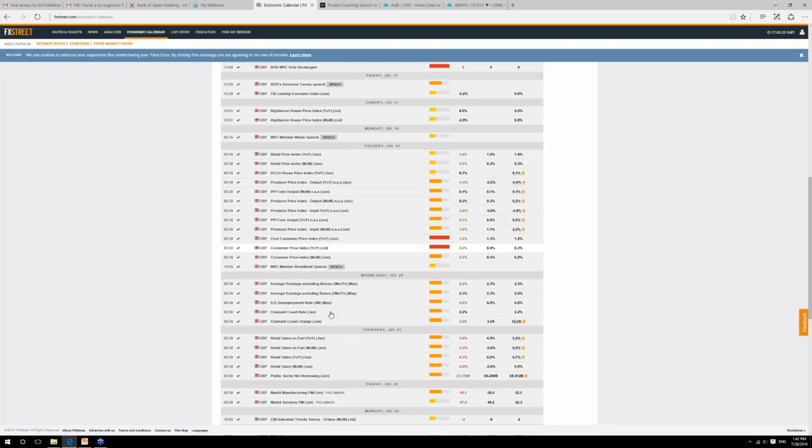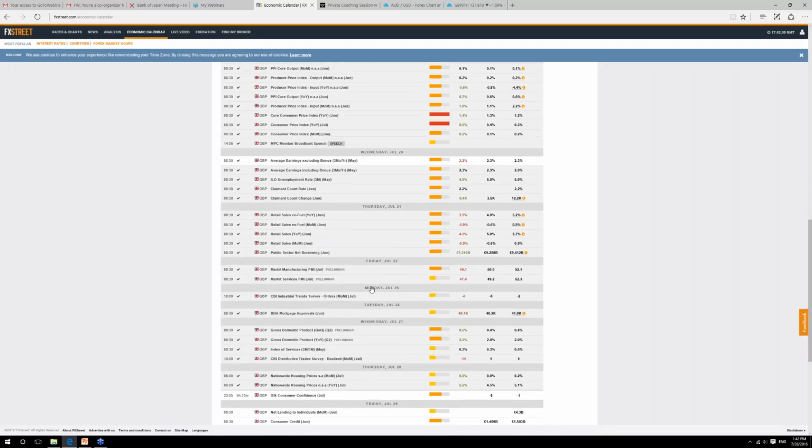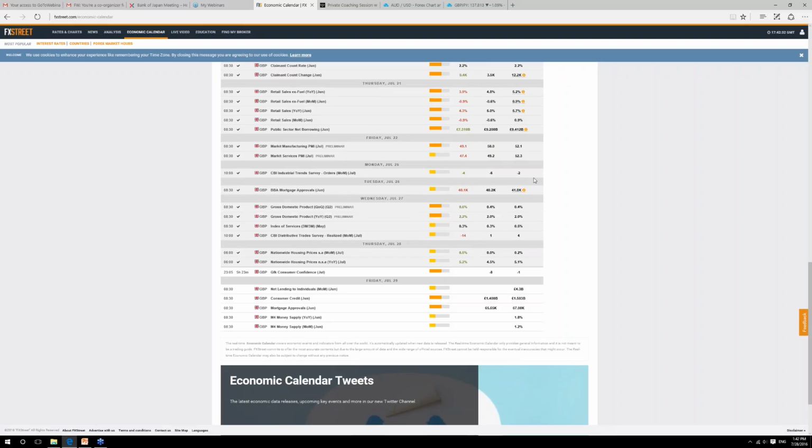So these were all good for the pound, and that is a reason why we saw the overall correction of pound yen after Brexit. So we've been having a bunch of good stuff, and now we're awaiting the consumer confidence to see if, after Brexit, consumers are now less confident in the UK economy. So this is actually going to be huge. So we'll be looking for that.